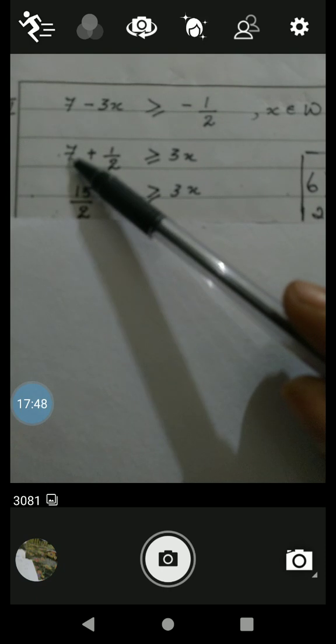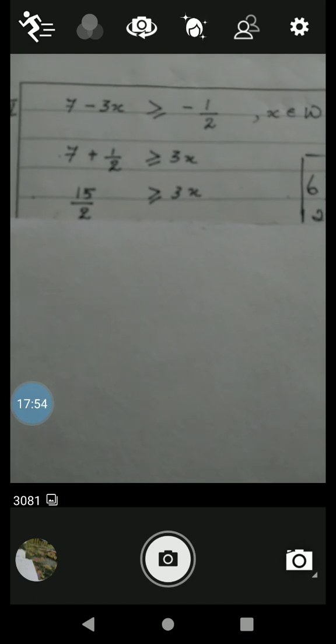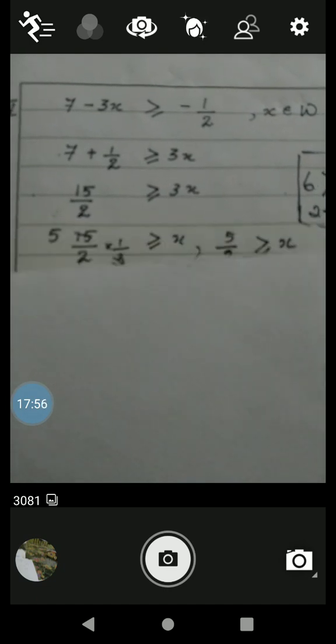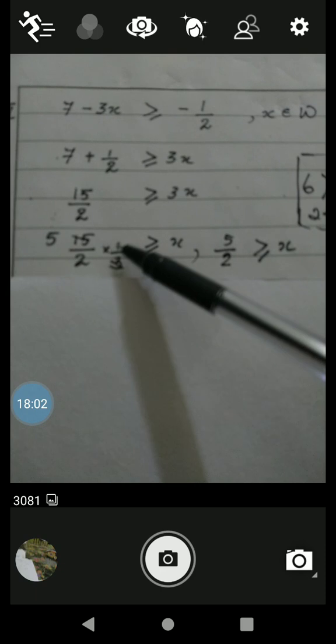LCM is 2. 2 into 7, 14. 14 plus 1, 15 by 2 is greater than or equal to 3x. Now, transpose that 3 to the left side. It becomes 15 by 2 into 1 by 3. Then when we simplify, we get 5 by 2 is greater than or equal to x.